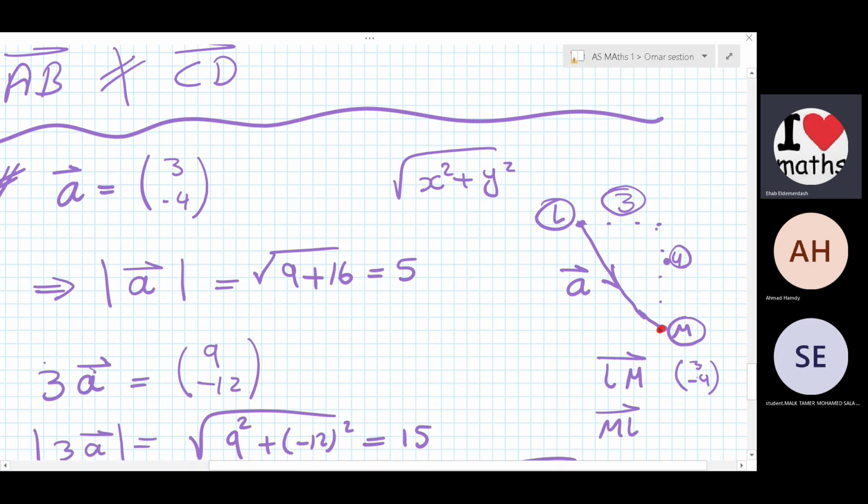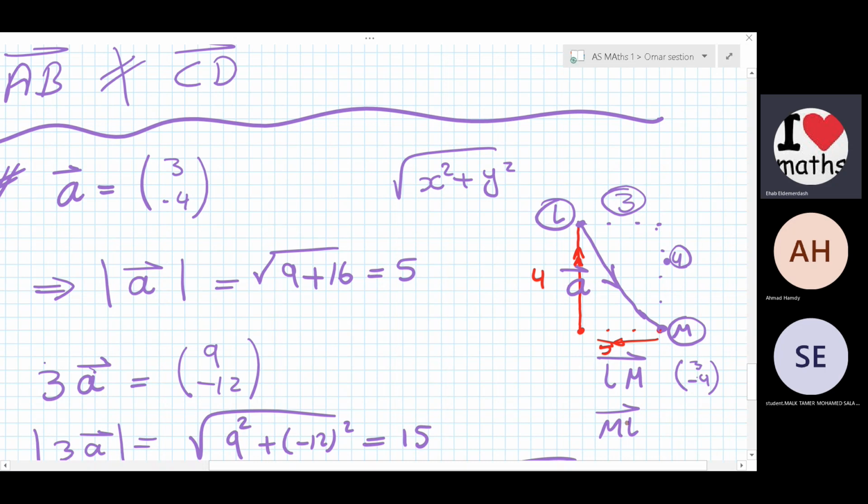So to move horizontally, I need to move 1 unit, 2 units, 3 units. So I moved to the right for 3 units. And after I moved the 3 units, how many units did I move up? 4. So I get the vector as 3 to the left, right?